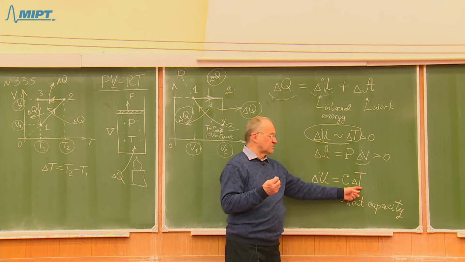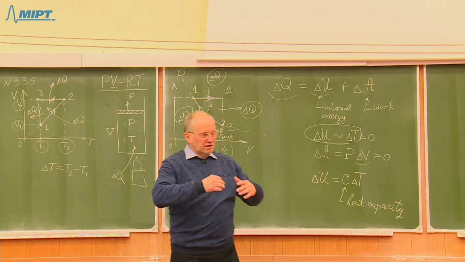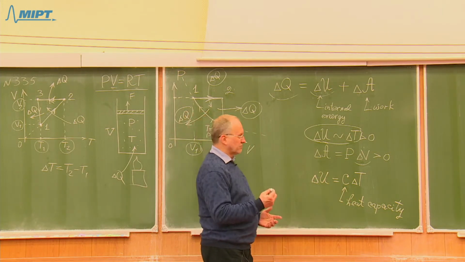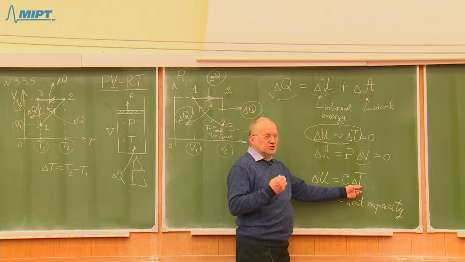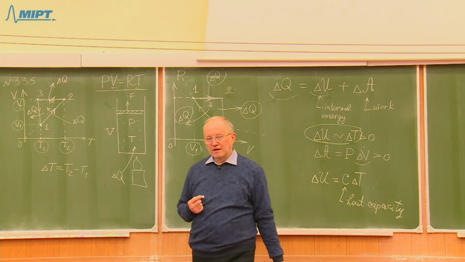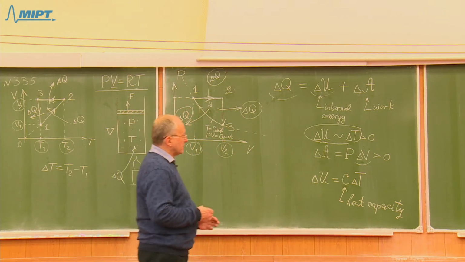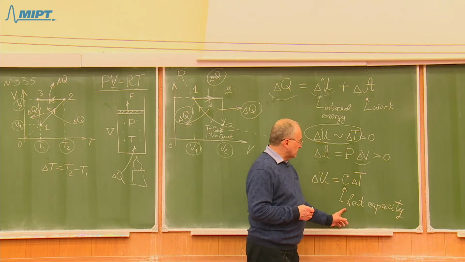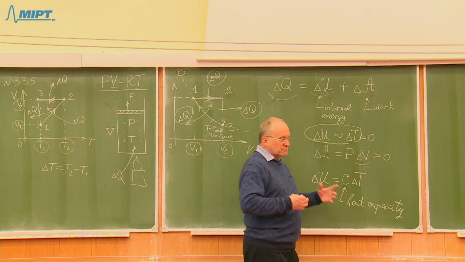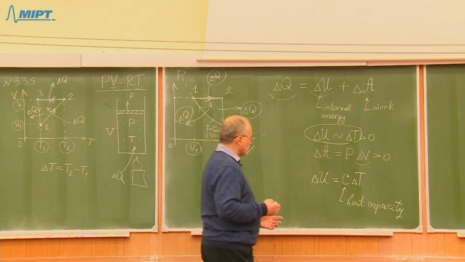But if you take a large object, like a few kilograms instead of 5 grams, you will need much more energy to increase the temperature of this amount of matter by 1 Kelvin. So this heat capacity is not very convenient because it depends on the mass of the object you are heating.